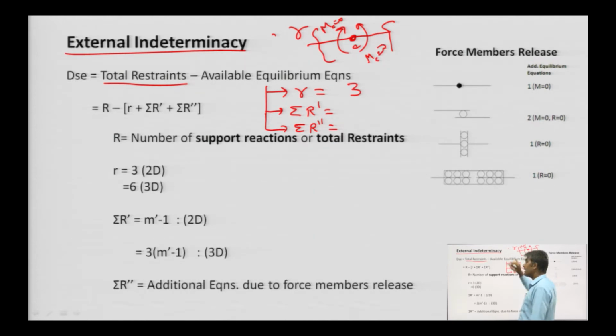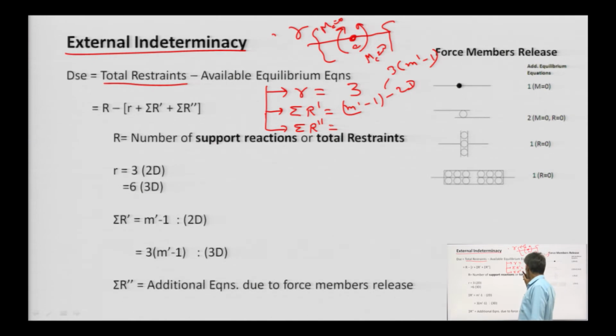So, it gives an additional equilibrium equation, represented by sigma r dash, and the value of r dash here is m dash minus 1 for 2D, and 3 times m dash minus 1 for 3D, as we have considered in the last lecture under the topic of kinematic indeterminacy.